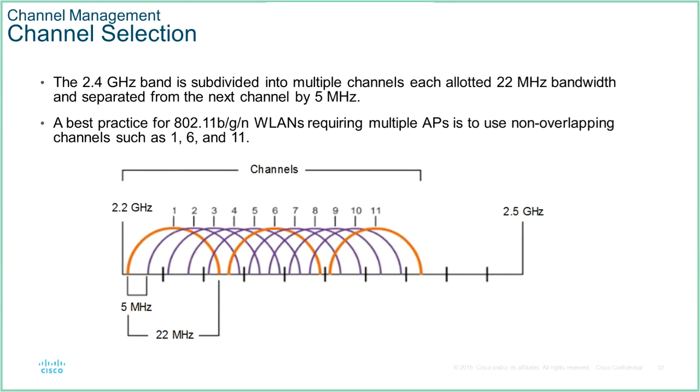So one starts at 2.2 gigahertz, and you step it up by 5. So it goes 2.25, 2.3. Go on. So what we end up with is a set of overlapping rings, and 1, 6, and 11 do not overlap with each other.